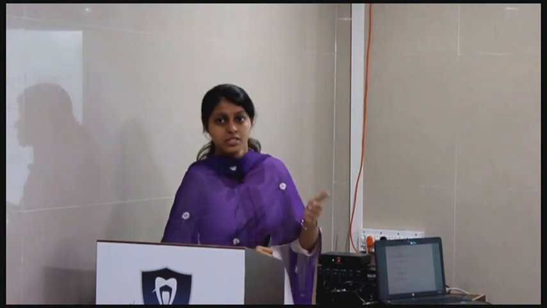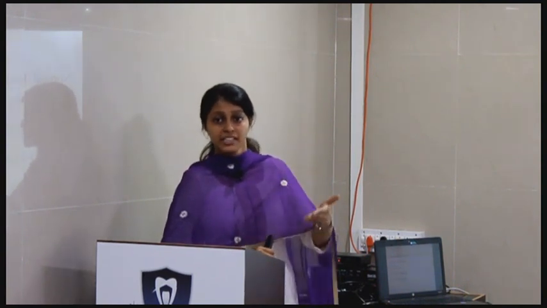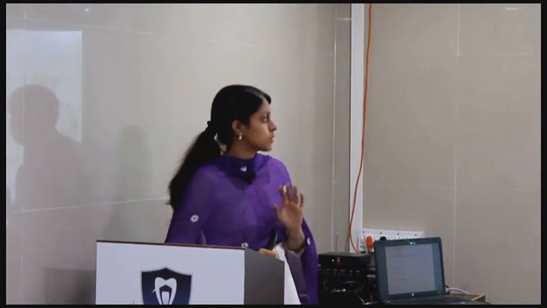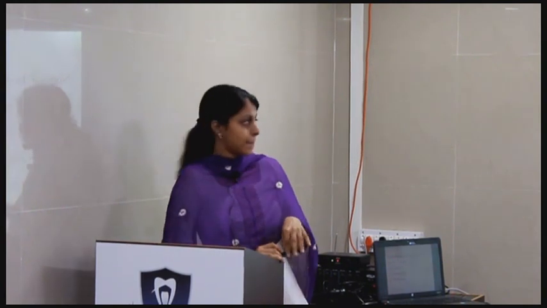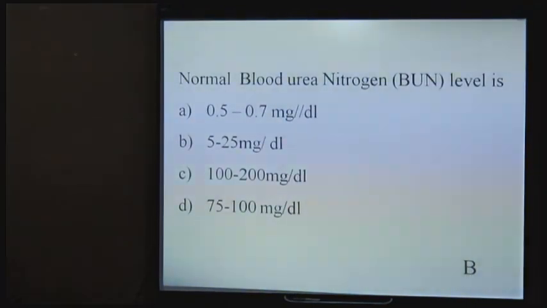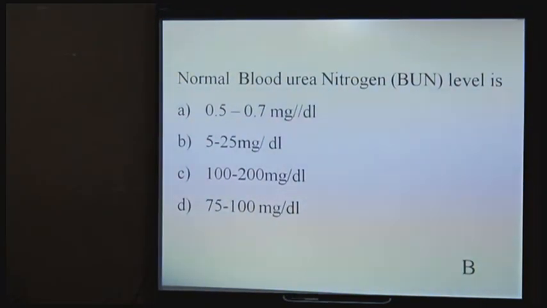When that is lost, urea is not excreted in the urine, but is retained in your blood. That is why it is called as blood urea nitrogen. Okay. So the normal blood urea nitrogen level is... when it goes beyond 100 to 200 milligram per dl, it is considered as a definitive renal failure.